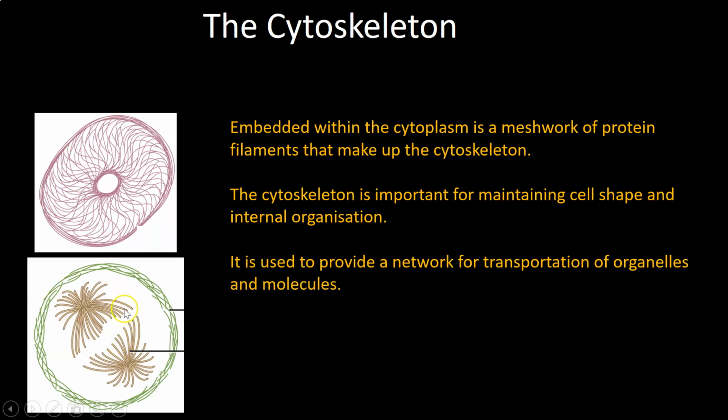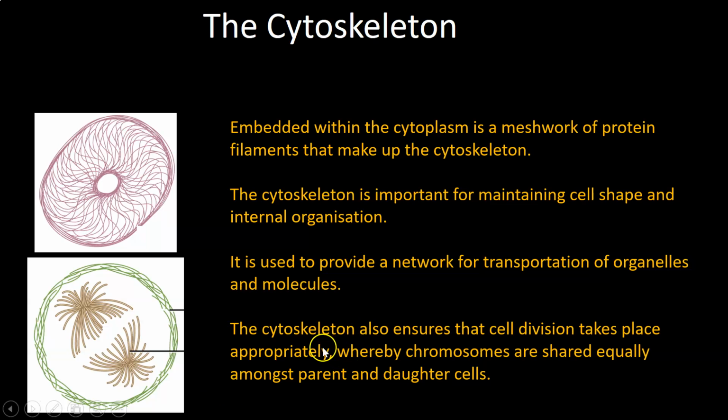But when the synthesis of the new chromosomes is complete, it is time to pass on the new chromosomes to the daughter cell, and you can see that there's a certain pattern to how these chromosomes arrange themselves, and it follows the same pattern of the cytoskeleton. So it uses the cytoskeleton to facilitate movement.